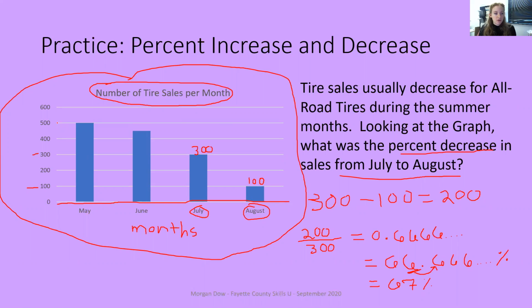And then on my vertical axis, I see I've got 600, 500, 400, and so on. Those are the number of sales, right? So I could explain this a little bit more. I could say that this is number of sales. So in this graph, the two things that are being compared are the months with the number of sales.